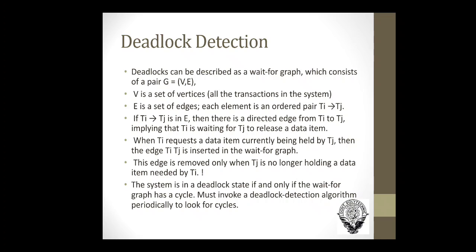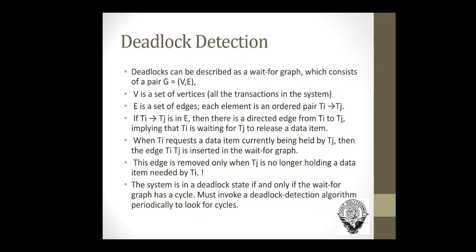In this graph, vertices V are all transactions which happen in the database, whereas E is a set of edges from one transaction to another transaction.